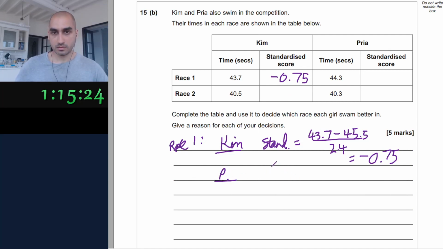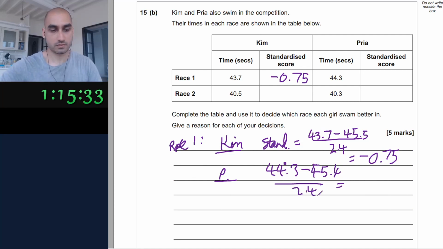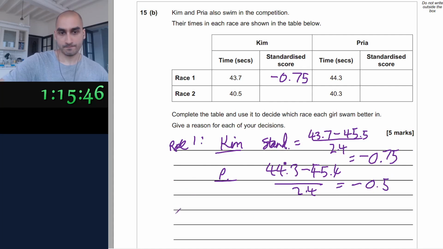Priya: 44.3 minus 45.5 over 2.4 equals minus 0.5. Minus 0.5.